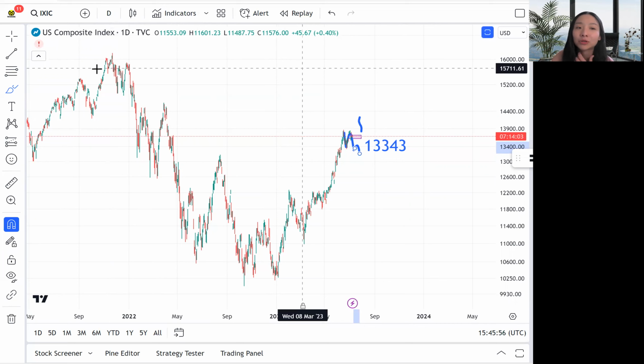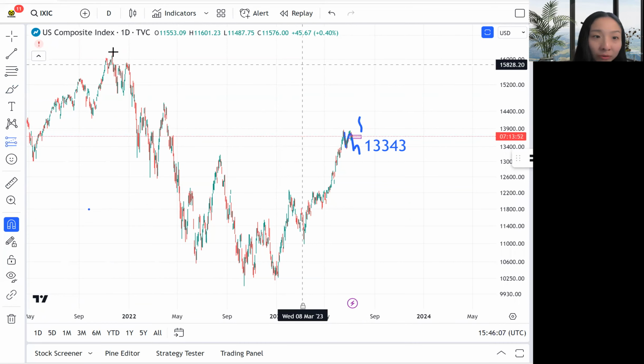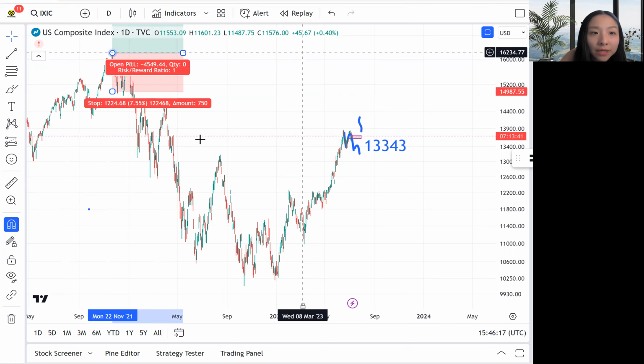In my course, I will also mention how to use the golden ratio. But let me show you again, just in case you forget, because it's quite important. In the last video I made it very detailed. So I want to show you here, from the high here.